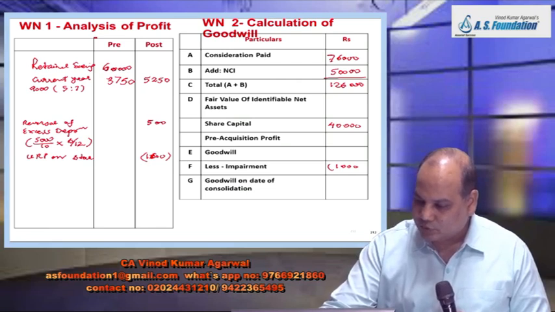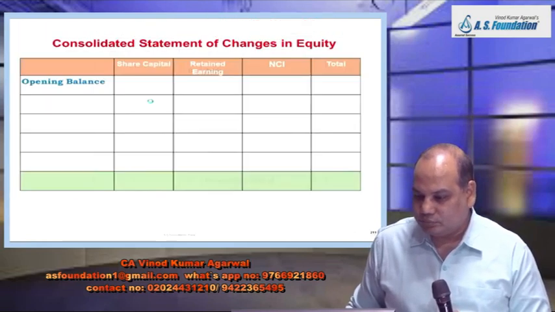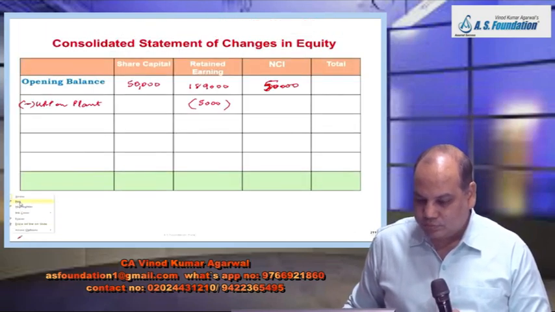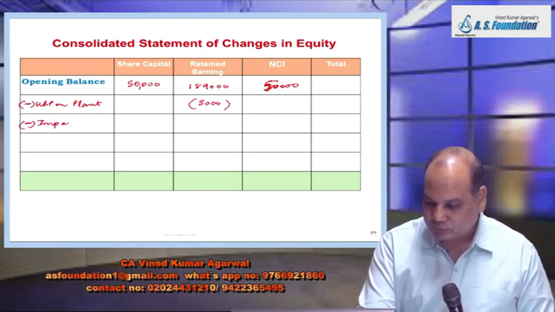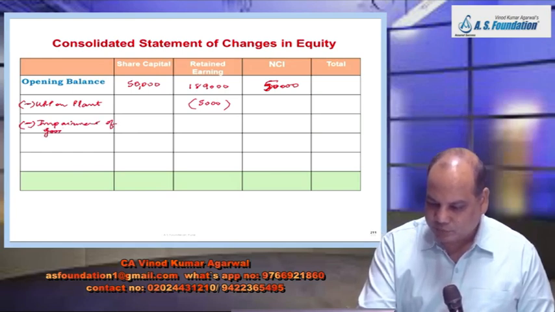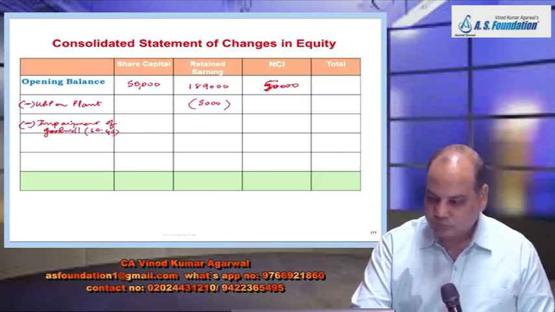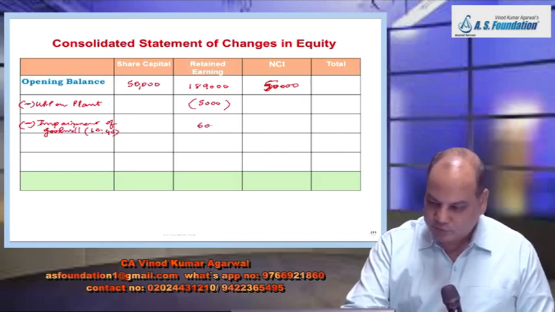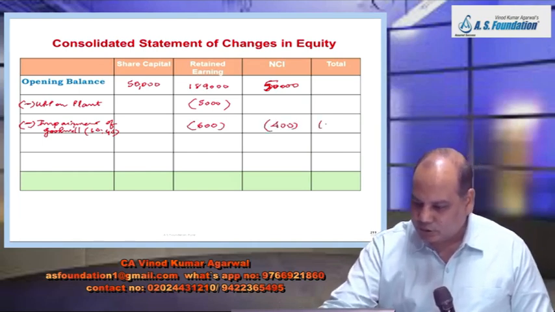And then since you are measuring NCI at fair value, I am going to distribute the impairment loss on goodwill in the ratio of their shareholding. So write here impairment of goodwill. What is the ratio? 60:40. So 60:40 means 600 parent, 400 NCI. Is it right?